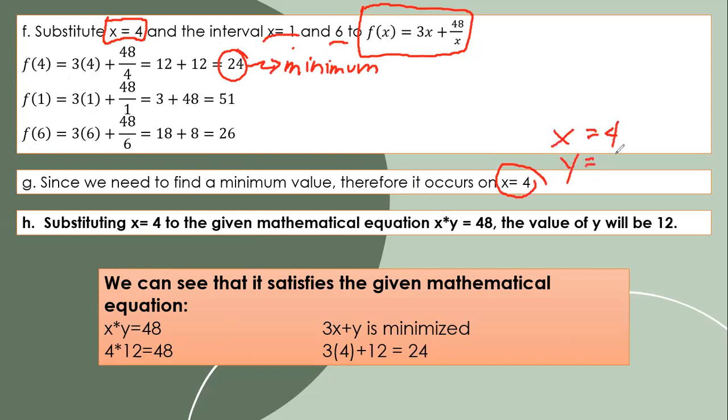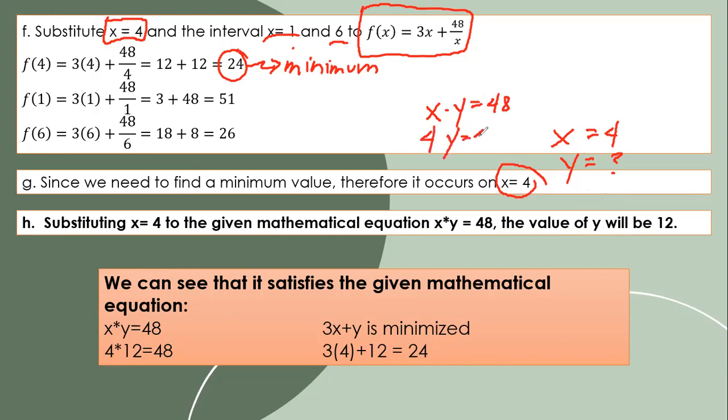Paano naman yung y? Substitute lang natin sa unang mathematical equation. Sabi dito x times y is equal to 48. Thus, the value of y will be 12. So, paano nangyari yon? Meron na tayong value ni x, which is 4.